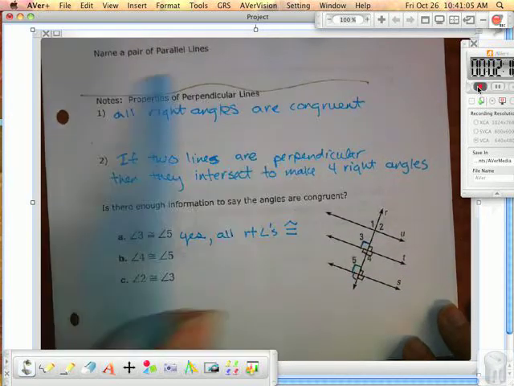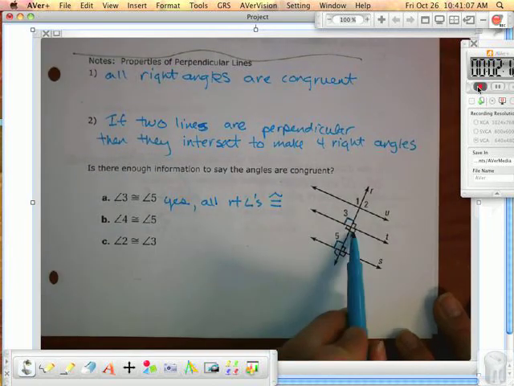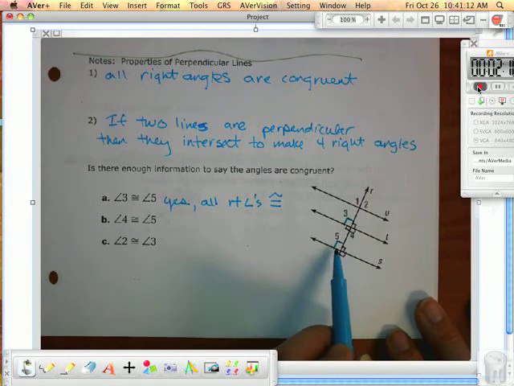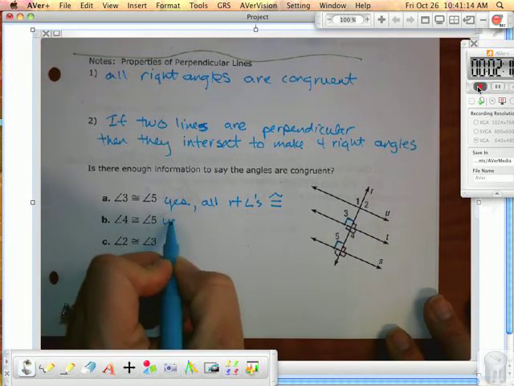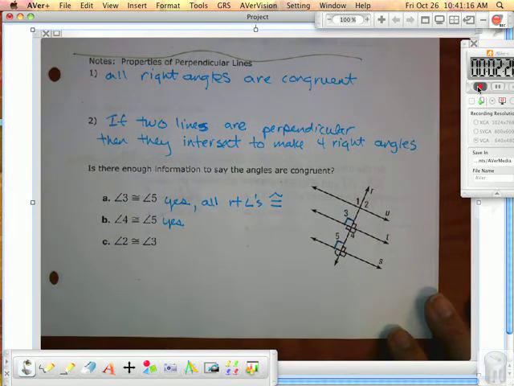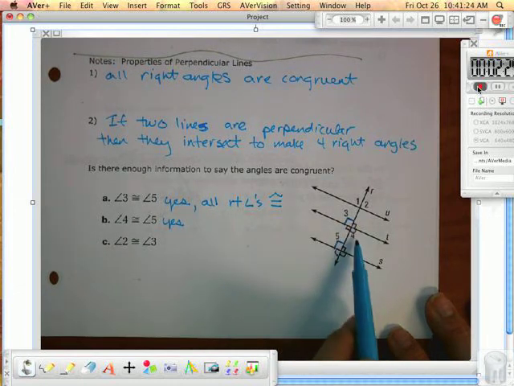Okay, angle 4 and angle 5. What can we say about those? Are they congruent? Yes. How do I know that? There's actually 2 reasons. The first reason I thought of from chapter 2. What kind of angles are 3 and 4? Vertical, right?